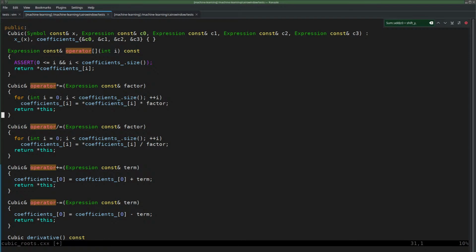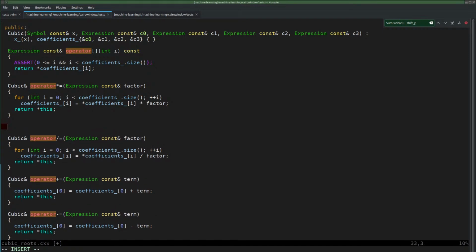To stay a cubic. Okay, so we want to have a friend cubic. Operator star. Yeah, just a cubic on one side, I guess.